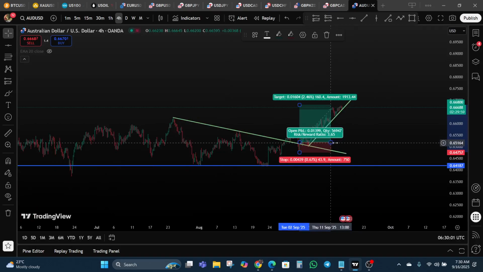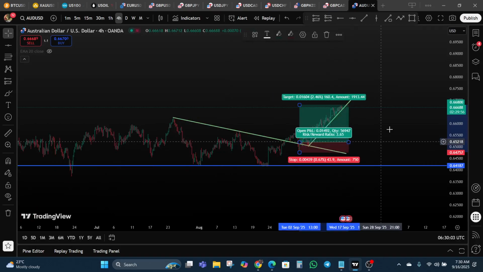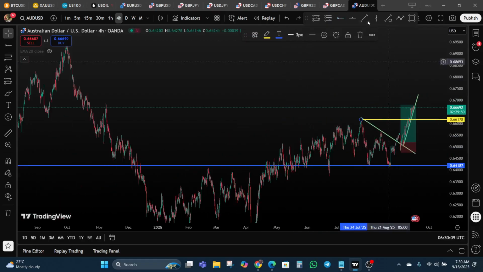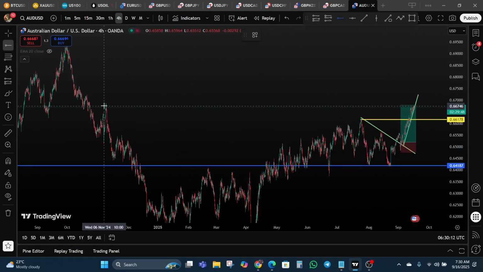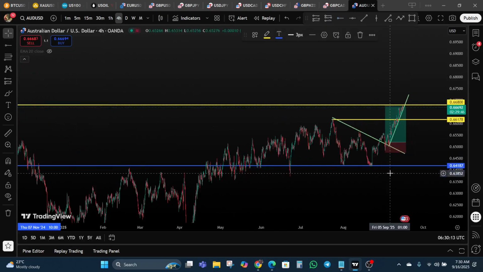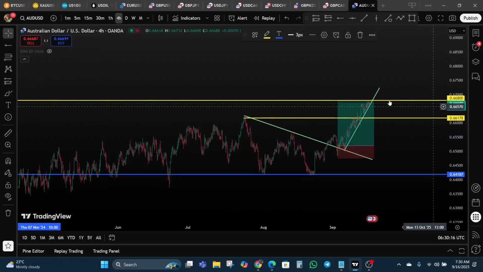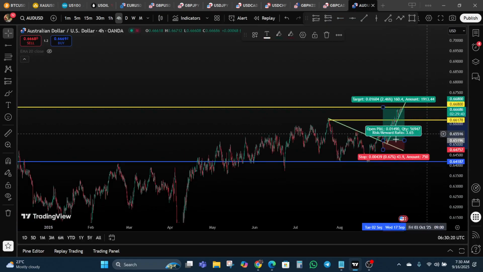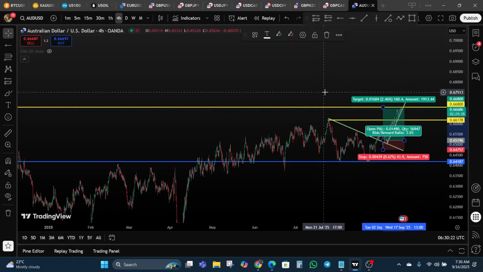What I mean by real is it might actually continue for a while. If you had targeted this resistance, you would have already hit take profit. If you had targeted this other resistance, you would have already hit take profit as well, or almost. And you can see that's giving us a good risk to reward ratio.